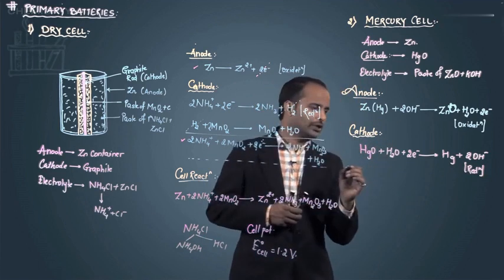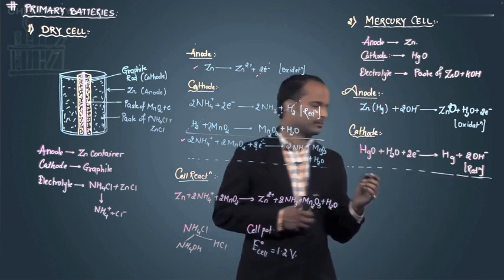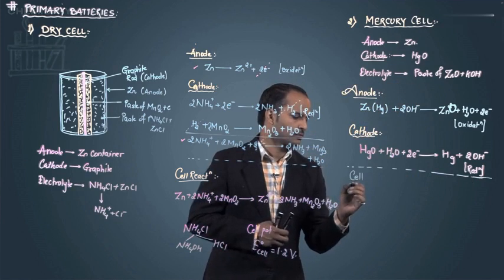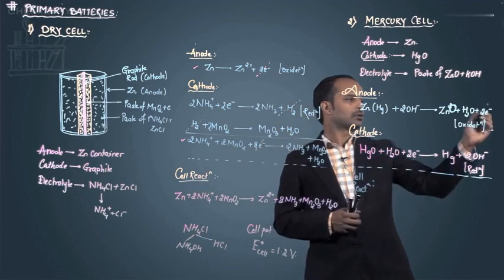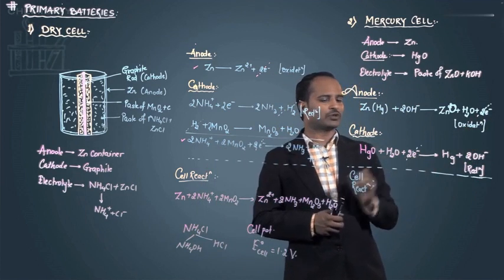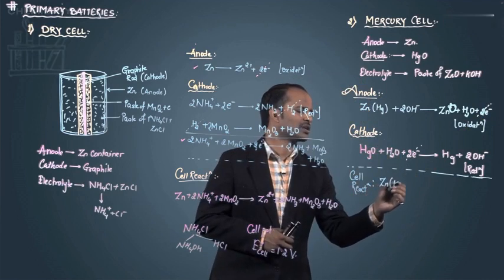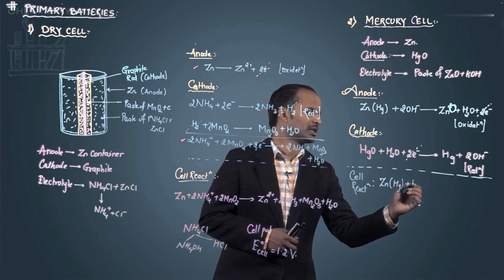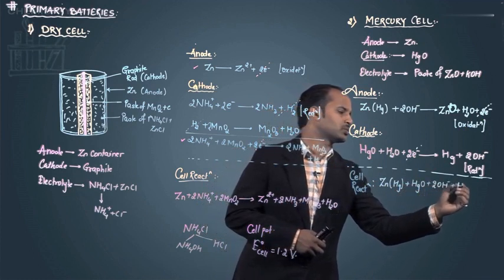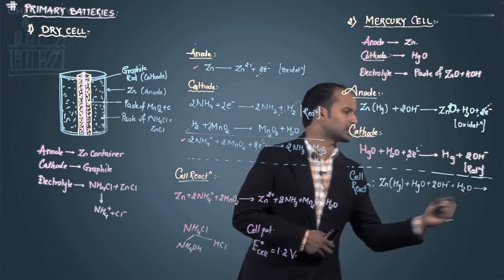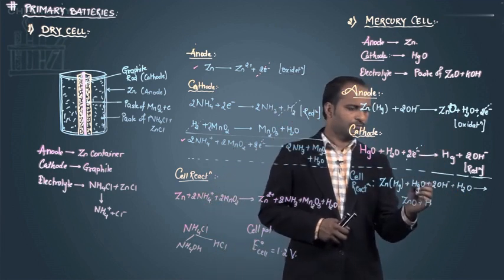So this is the reaction taking place on anode, and this is the reaction taking place on cathode. Let us add both reactions to get the cell reaction. Here the electrons will get cancelled, as they are equal in number. So we have zinc amalgam, or I can just write zinc, plus HgO, plus 2OH minus, plus H2O, which produces zinc oxide plus H2O.